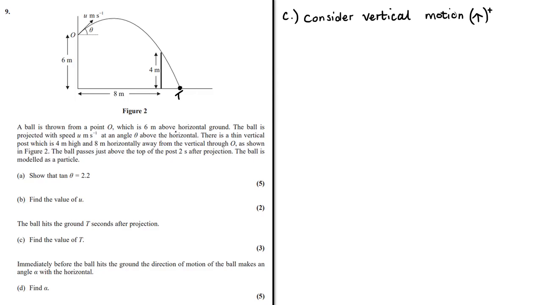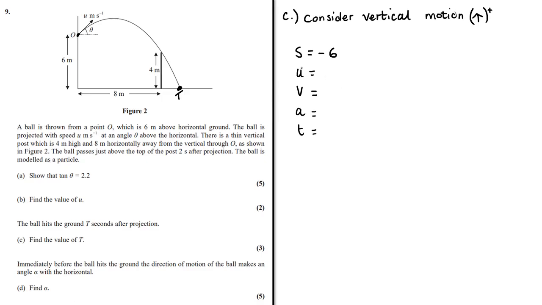So what can we say here? Well, we're going to set up our suvat values. We know the displacement has gone from here all the way to here. If we're taking upwards as being positive, the displacement will be minus 6. So s is equal to minus 6.